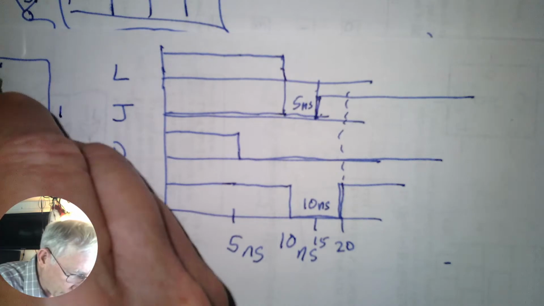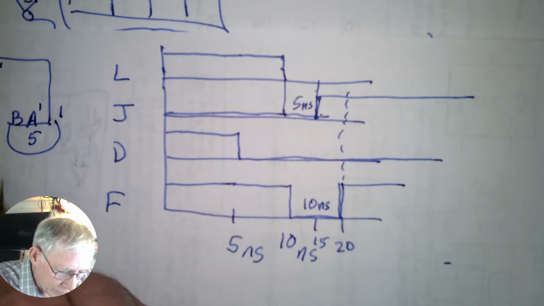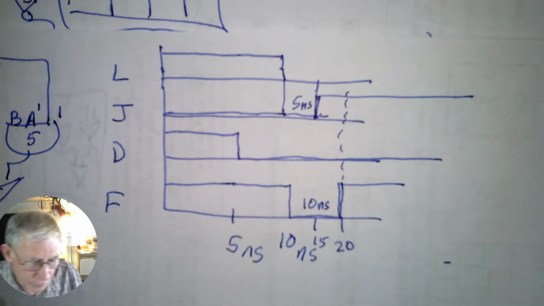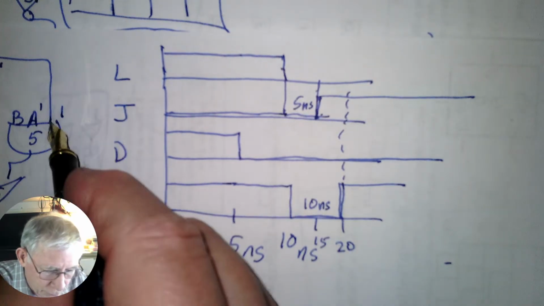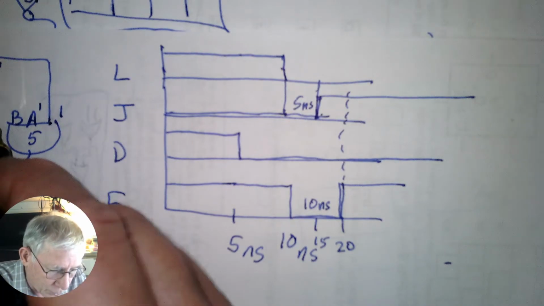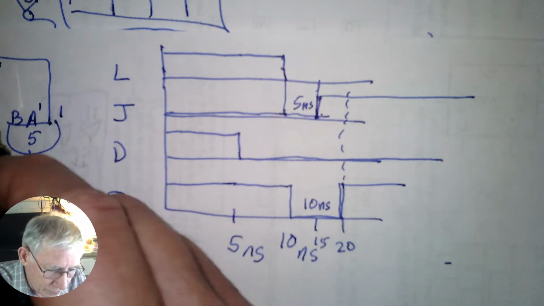The D starts off as 1, and this starts off as 0, but then they switch. But because there's a 5 nanosecond delay there, a 5 nanosecond delay, a 5 nanosecond delay, and down in here in our output OR gate, another 5 nanosecond delay, there's a little period of time here because this D does not go through the inverter. This 0 stays 0 for 5 nanoseconds before the inverter changes the 0 to a 1 and puts a 1 in here.